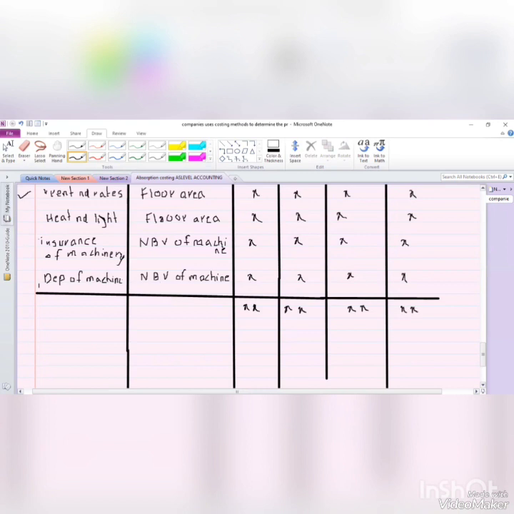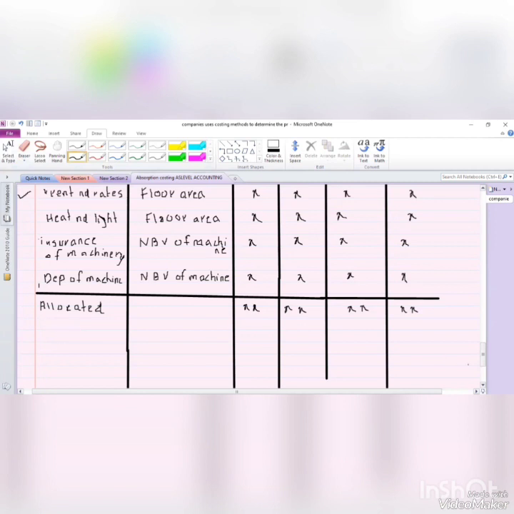So what we have now is allocated and apportioned overheads. Why are we calling this amount allocated and apportioned overheads?